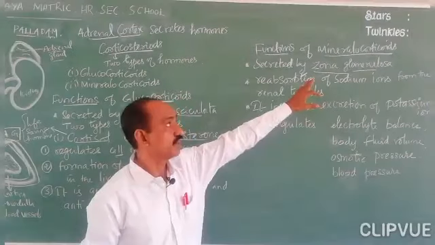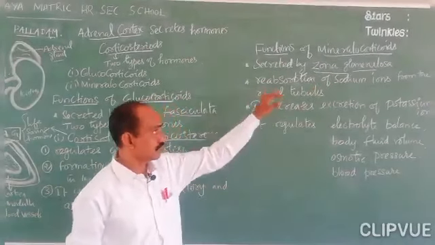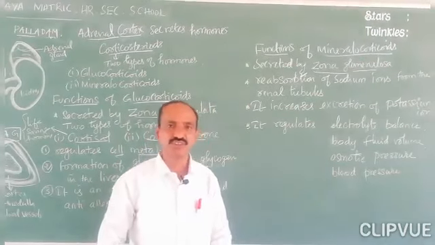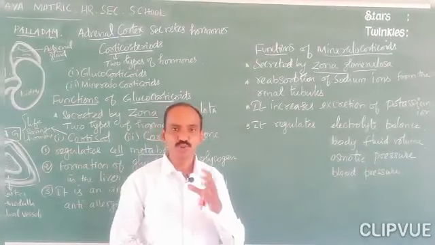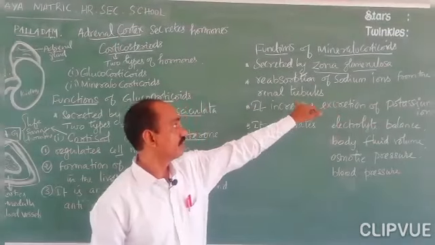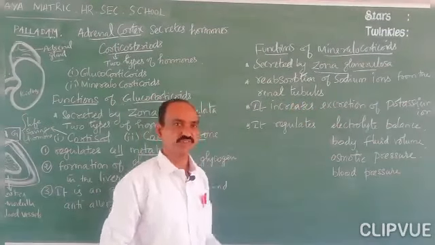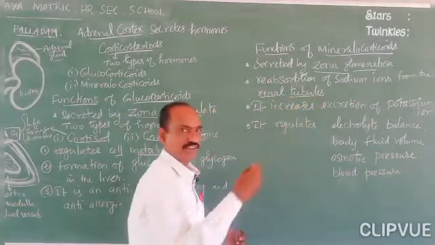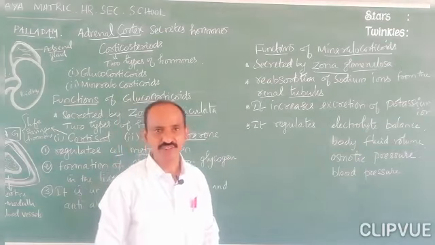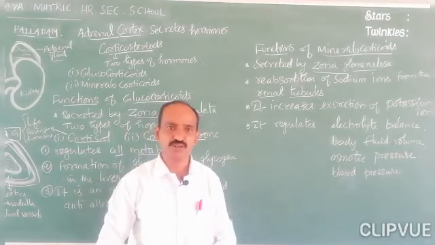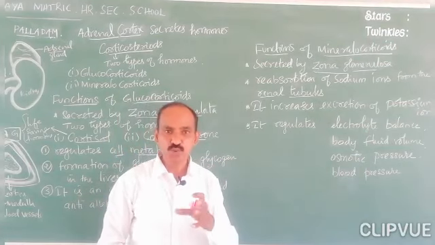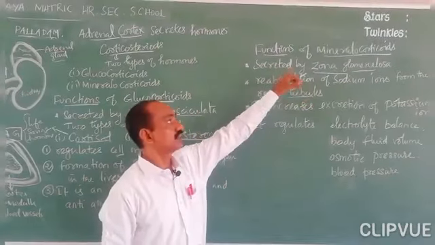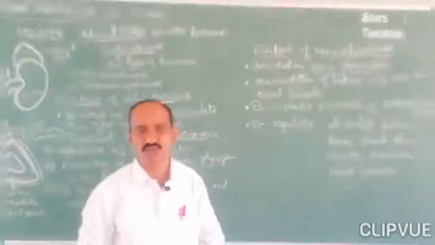mineralocorticoid hormones. The main function of these hormones is to reabsorb sodium ions from the renal tubules. Renal means kidney. From the kidney tubules, sodium ions are reabsorbed by these mineralocorticoid hormones.